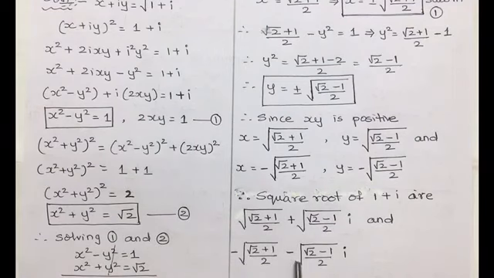Taking the combination with negative, it becomes minus root of root 2 plus 1 divided by 2 minus root of root 2 minus 1 divided by 2 i. So we are putting the value of x plus iy in both the cases. So there will be total 2 square roots for each and every example.